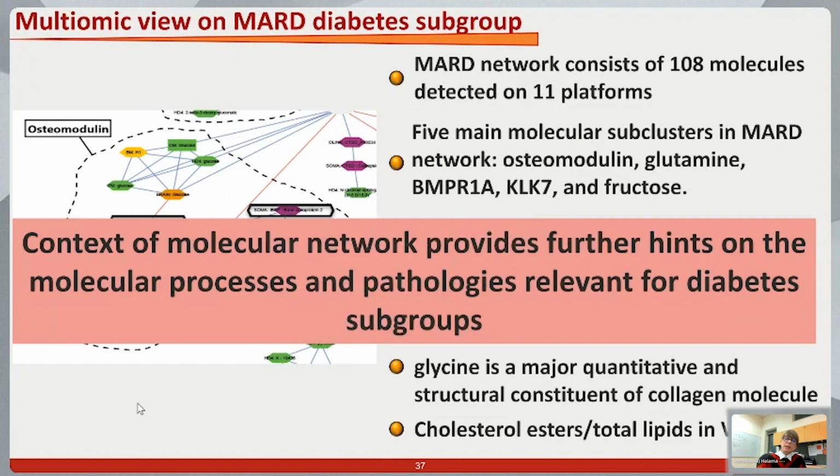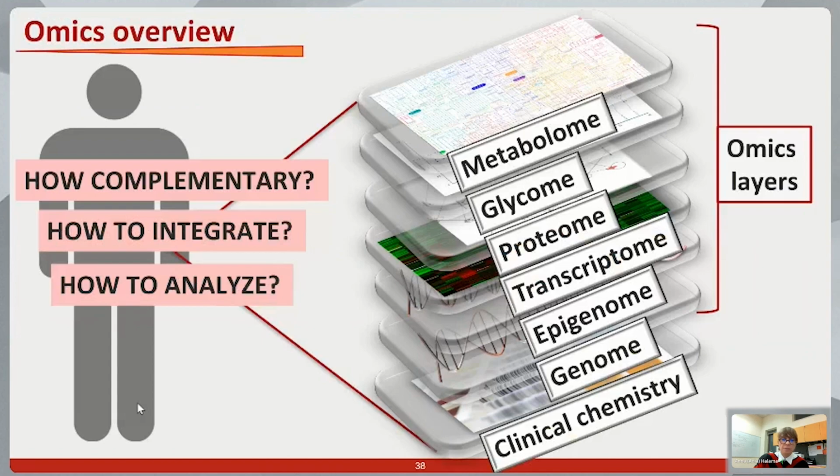So basically, the conclusion from here is that the molecular network is providing further insight into the disease pathology, and is suggesting that subjects in the MART subgroup are potentially at risk of developing cardiovascular diseases, but all related to calcification. So I believe that with this, I was able to go through the complementarity, integration, and analysis of the data.